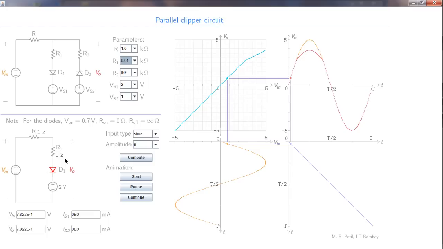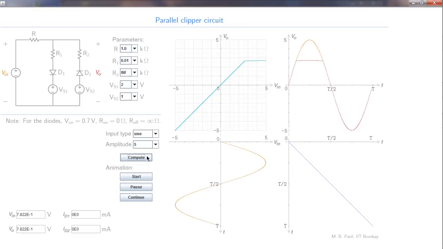So the new slope would be 10 ohms divided by 1000 plus 10, that is 1010 ohms. So it is 10 divided by 1010. That's a very small slope. So we expect that this line would appear almost as a horizontal line. So let us see whether that happens. There. Now notice that the output voltage has got clipped at this point, and that is why this circuit is called a clipper circuit.